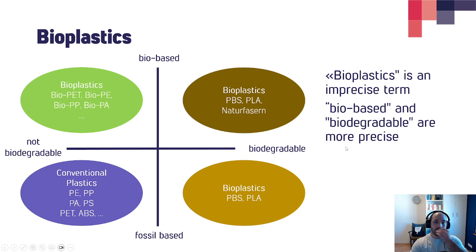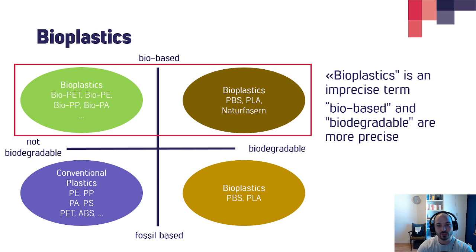So what is a bio-based plastic? First of all, the term bioplastic can be a little bit misleading, because bioplastics could be bio-based or biodegradable, and we have to differentiate between those two. This time we're talking about bio-based plastics, which means that they are derived from feedstock that comes from a bio source.